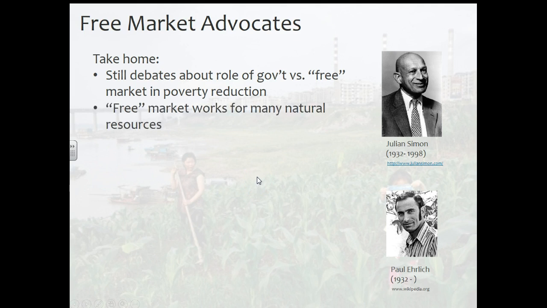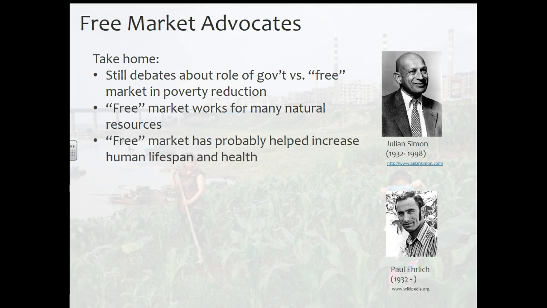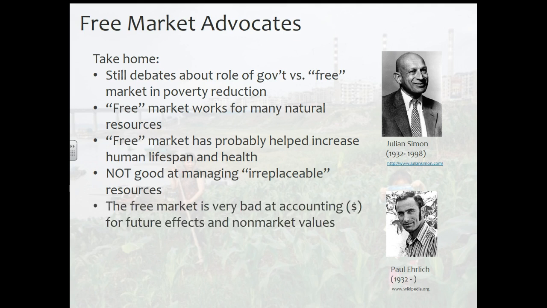To be very clear, free markets work very well for a lot of resources, and they are very important. There's really no debate that free markets have contributed mightily to where you are today, the fact that in the US you can expect to live around 80 years and so forth. However, keep in mind that it's not good at managing irreplaceable resources or accounting for things that don't really have a price, like things with non-market value, like future impacts, like nature, and so forth.